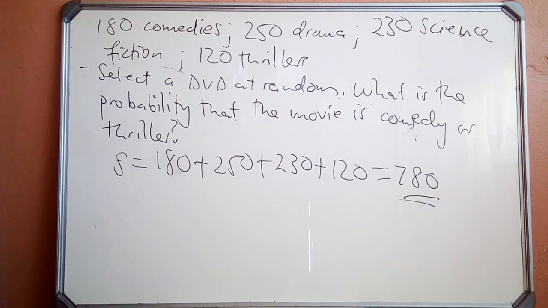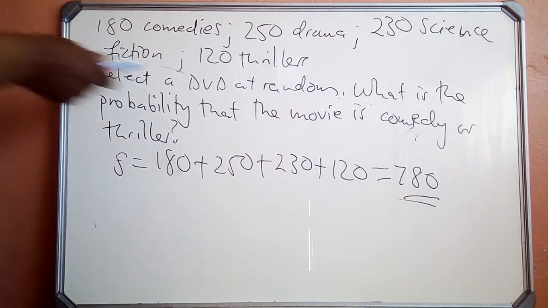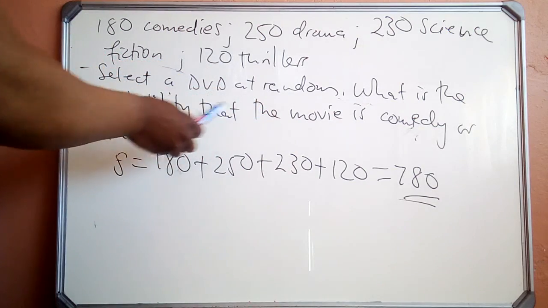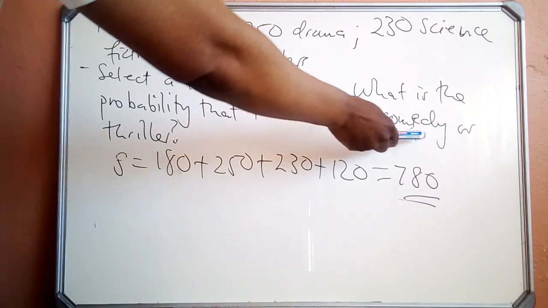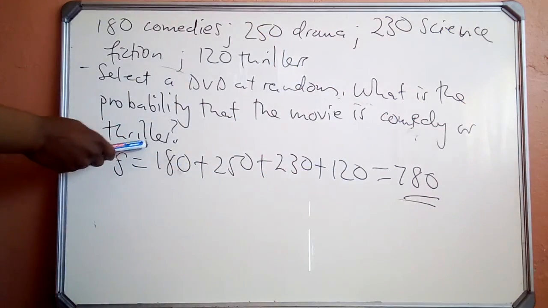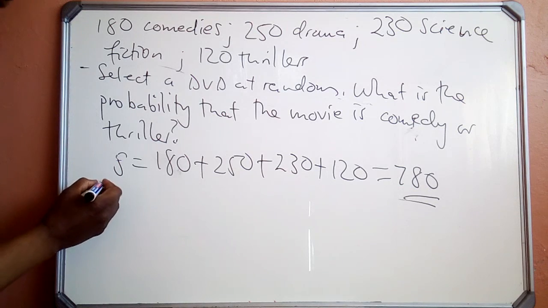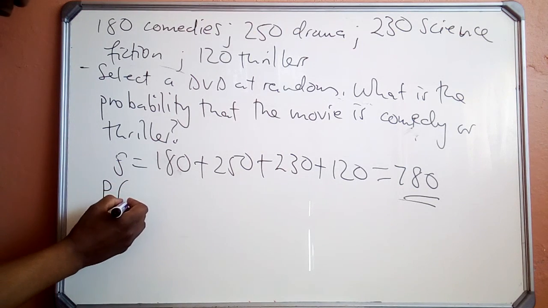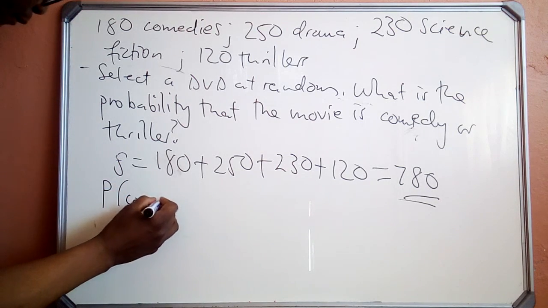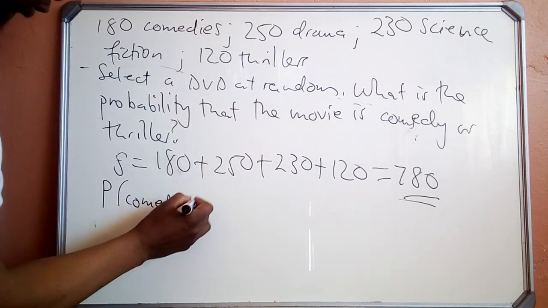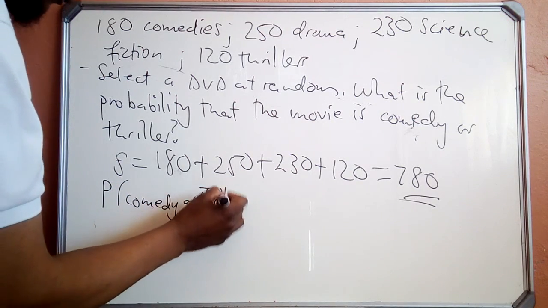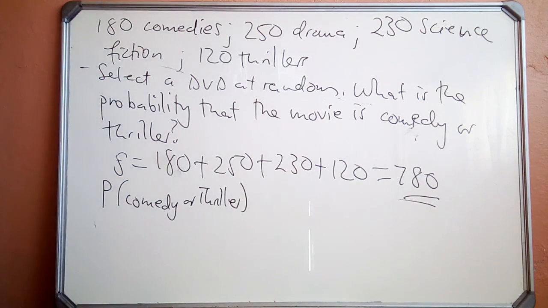Now we want to see the probability. The question says, what is the probability that the movie is going to be a comedy or a thriller if you were to choose at random? So we're going to look at P, comedy or thriller. But remember that the two are mutually exclusive.